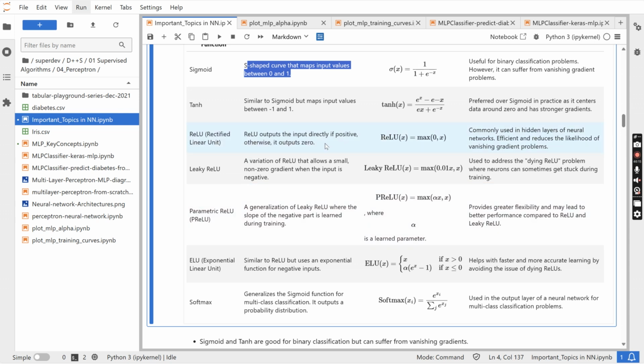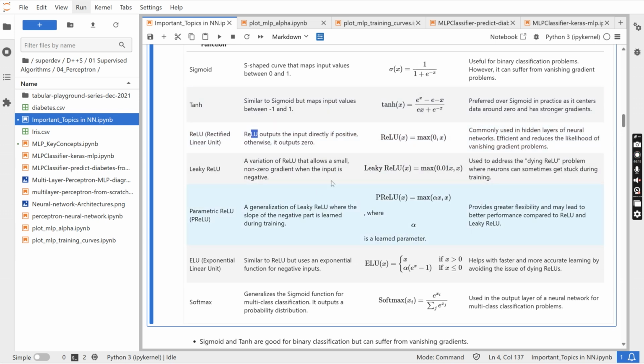Next is the famous ReLU, rectified linear unit. So you have a linear unit. Linear unit means whatever you pass as input, it will give the same as output only. Whatever input you pass, if you pass a straight line, it will give a straight line. That is a linear unit.